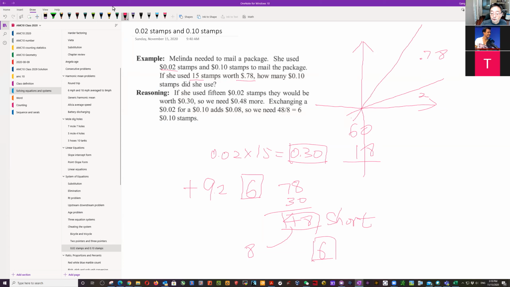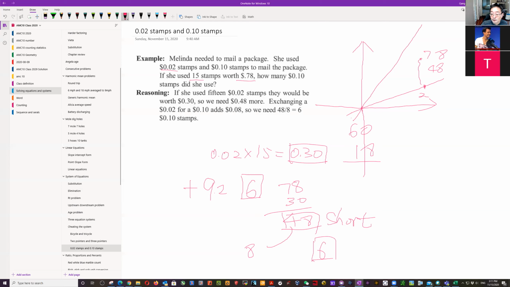I can go all the way to here, assuming everything is 2 cents. Then I come up short. This is the short distance, which can be made up by 10 cents. So that's the 48-cent distance.